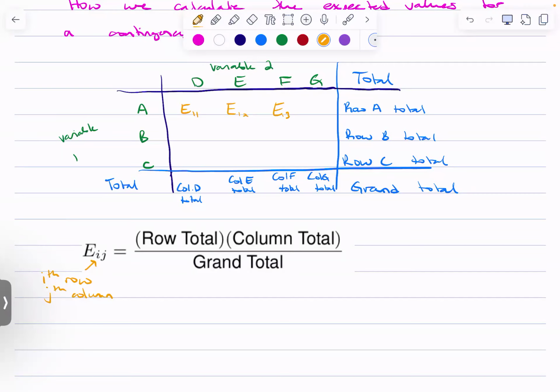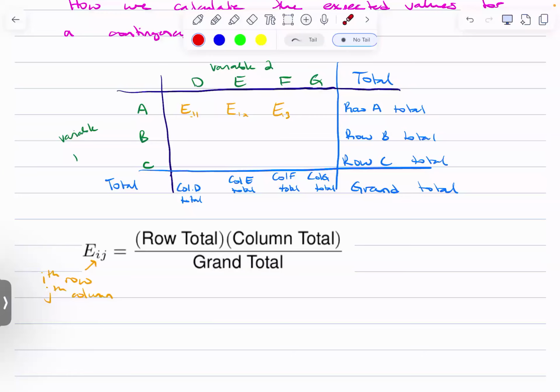So each of those would be slightly different unless the column and the row totals stay the same across a couple of cells. That can happen, but most likely they'll change. And so E11, for example, would be the row A total times the column D total divided by the grand total.